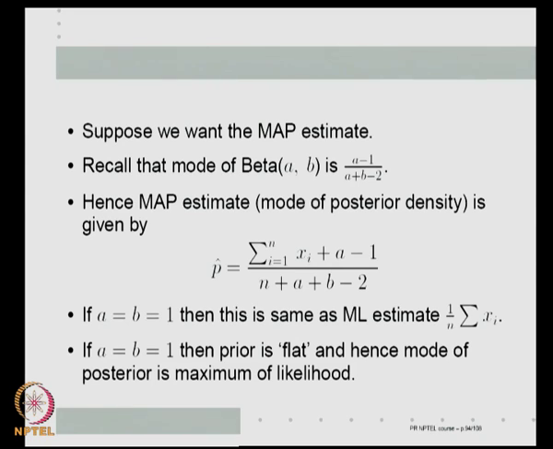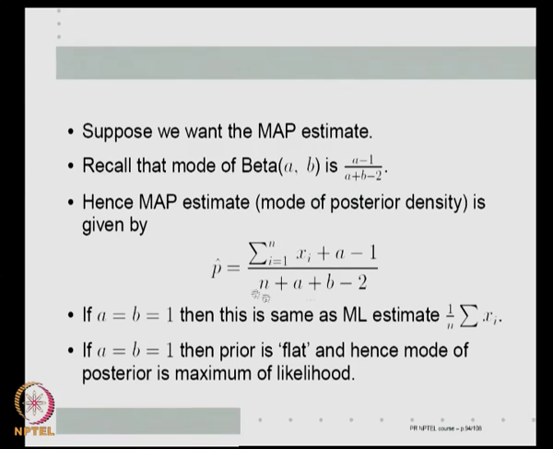The posterior f of theta given d is given by the product of f of d given theta, the likelihood, into f of theta, divided by some normalizing constant. So, if I am maximizing the posterior and f of theta is a constant, then the maximizer of the posterior will be the same as the maximum of the likelihood, and that is the ML estimate. So, for all n, the MAP estimate is the same as the maximum likelihood estimate, as you would expect, because for a equal to b equal to 1, the prior is flat.